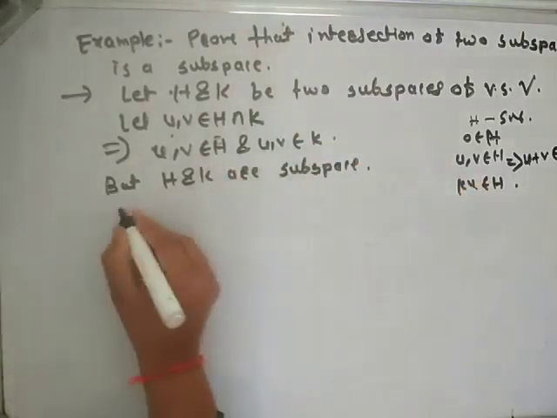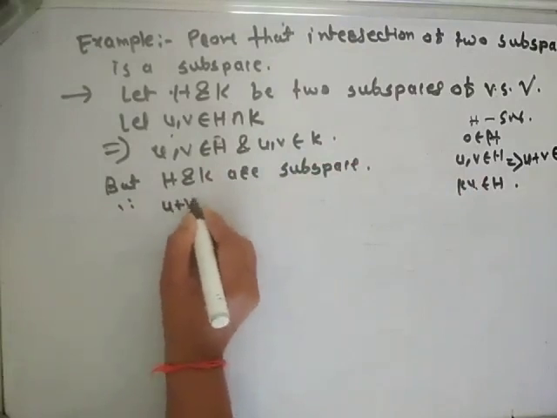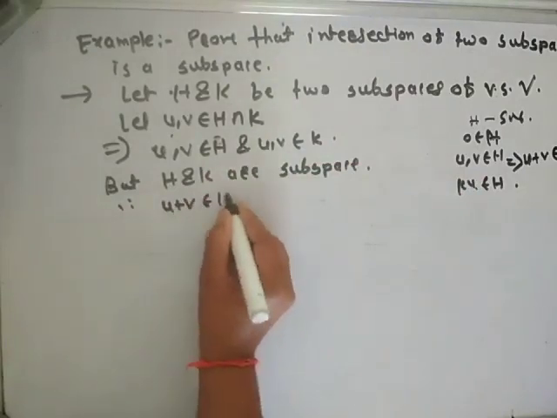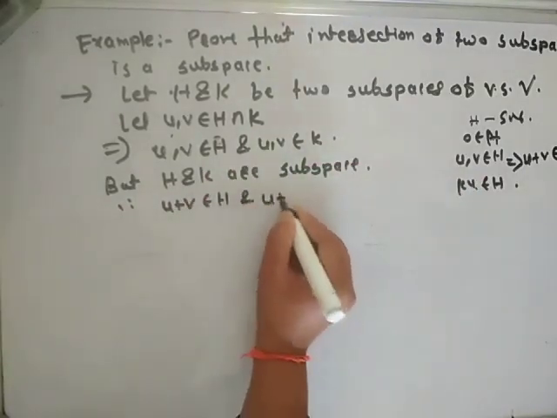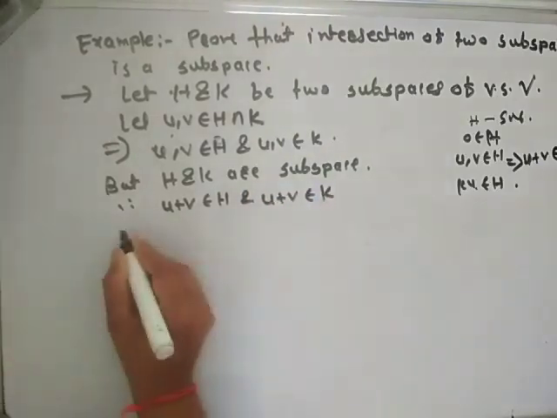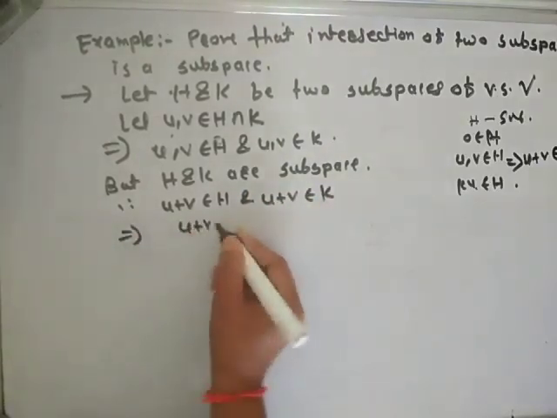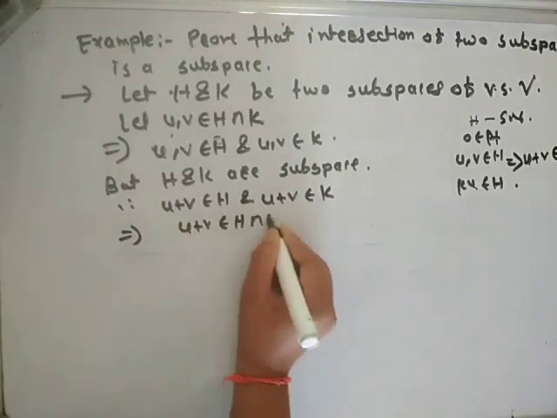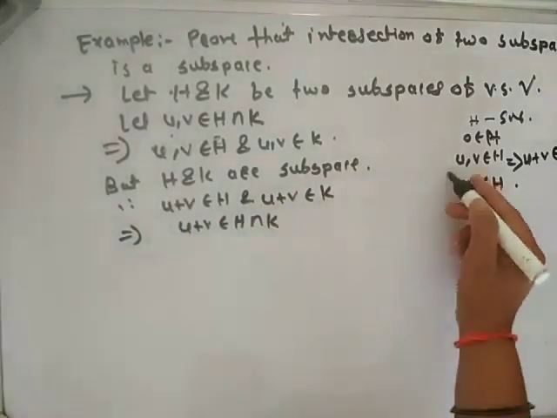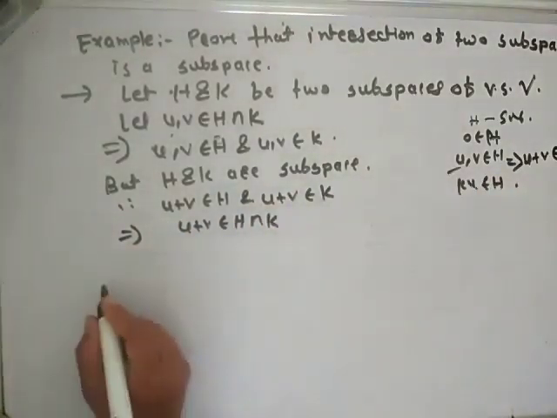Therefore, by using the definition of subspace, u plus v belongs to H and u plus v belongs to K. That implies u plus v belongs to H intersection K. Then the second property is satisfied.